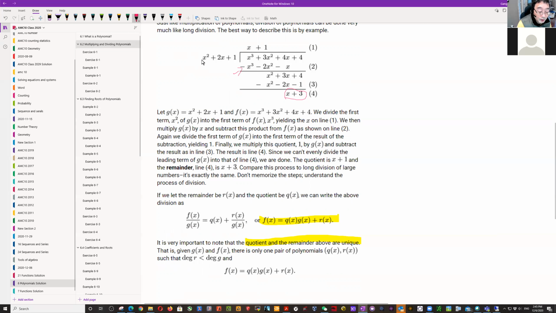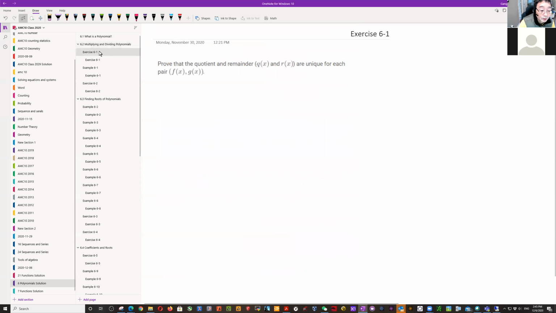G is the divisor, which divides into the dividend. Then x plus 1 is the quotient. Then there's a remainder, and the remainder always has a degree less than the divisor.